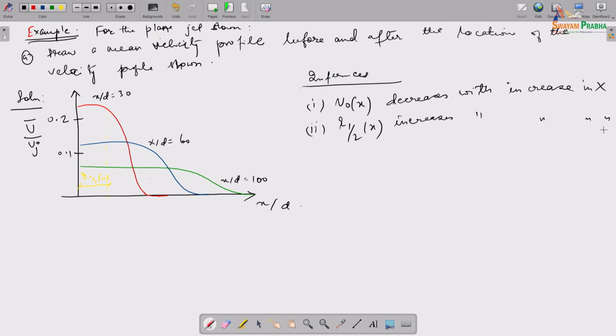Okay. So here what you see is that these three profiles that I've drawn are changing in x, but they don't change their shape, right.